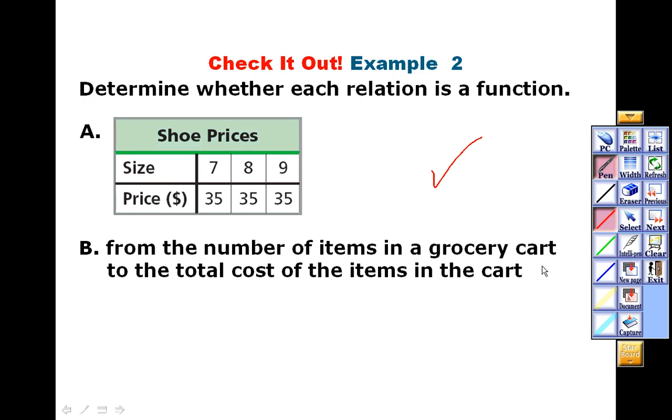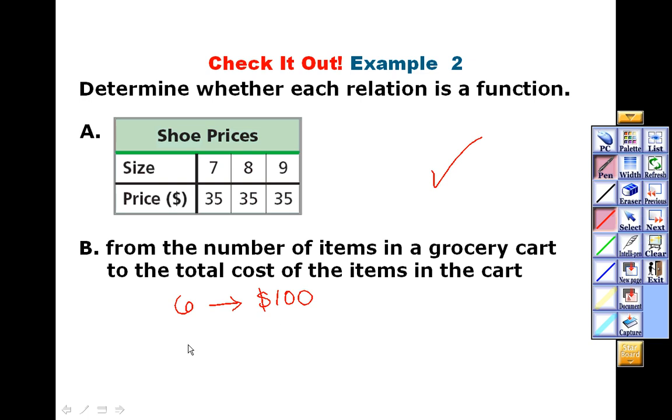And how about B? From the number of items in a grocery cart to the total cost of the items in the cart. Say we bought 6 expensive items and it cost us $100.